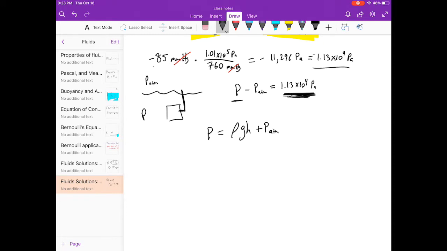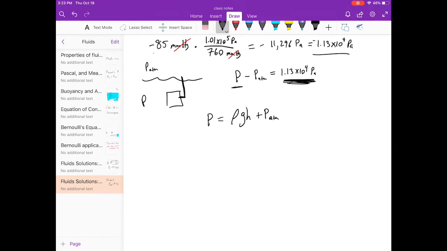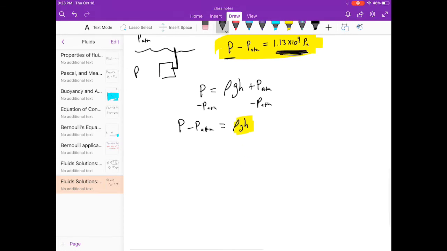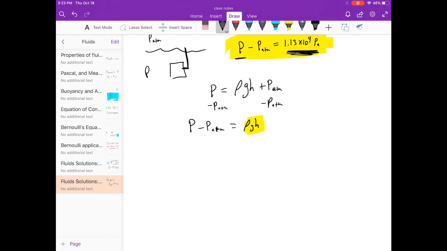If we subtract the atmospheric pressure to the other side, we see that the pressure of the environment minus the pressure of the atmosphere is equal to rho g h. This quantity is the pressure difference that his lungs can handle, so we want to set this equal to this. That way, we're able to figure out how deep he is by solving for h.